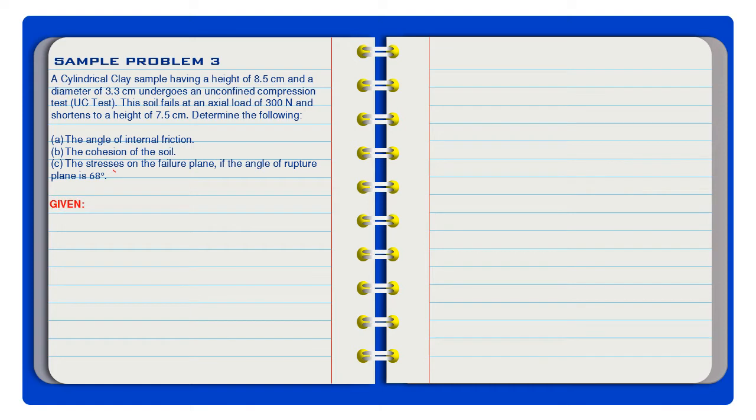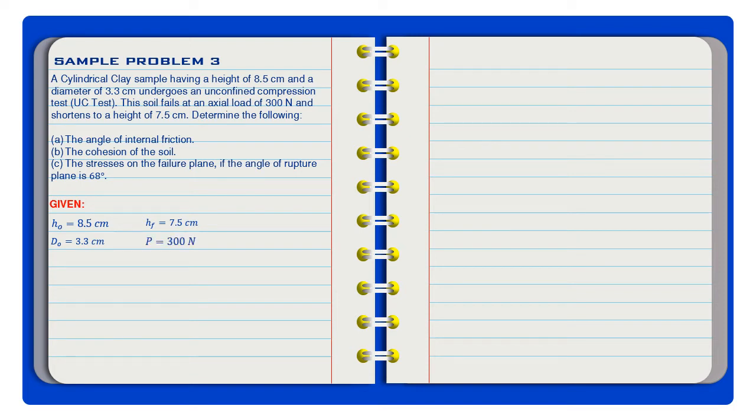for our given, we have the original height, which is 8.5 cm. The original diameter, which is 3.3 cm. The final height of 7.5 cm, because the problem says it shortens to that. So, that is the final height.